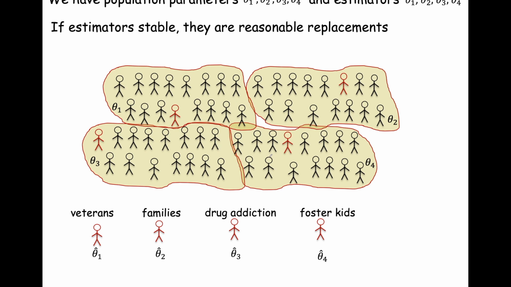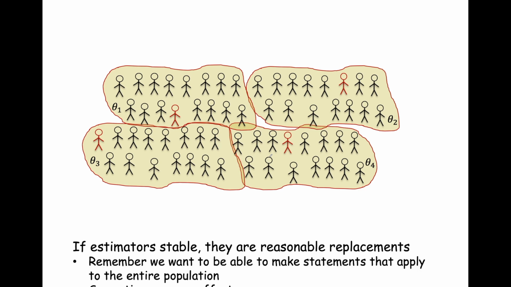Okay, so if these estimators are stable, going back to our definition of stability, that means that they are reasonable replacements for these unknown ground truth population parameters. So if they're stable, that means they're reasonable replacements. And remember that we want to be able to make statements about the general population based on some summary information.